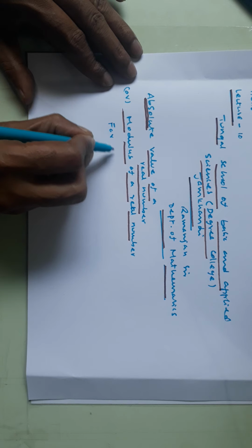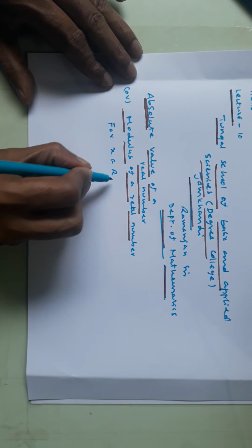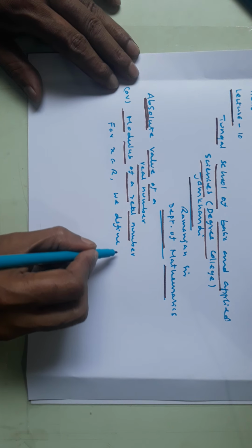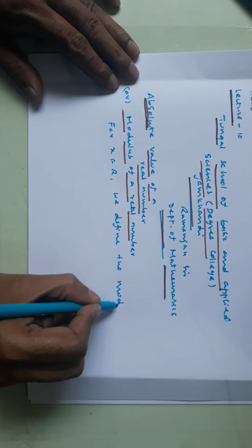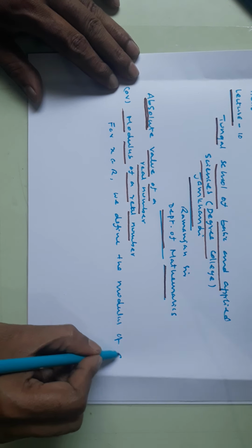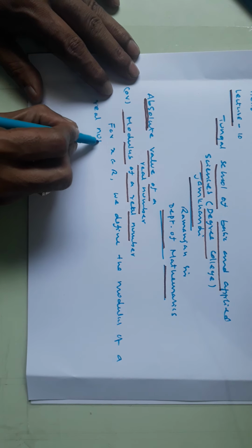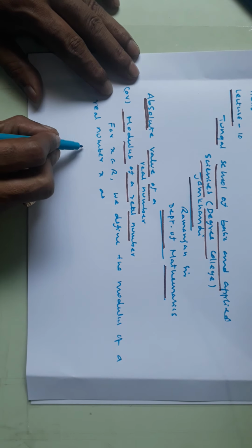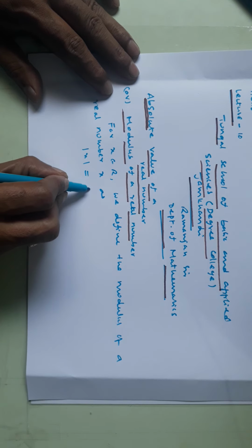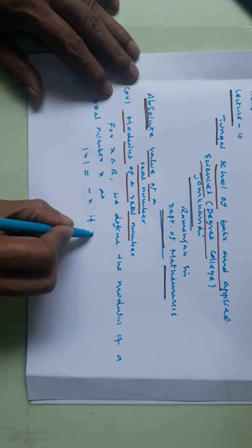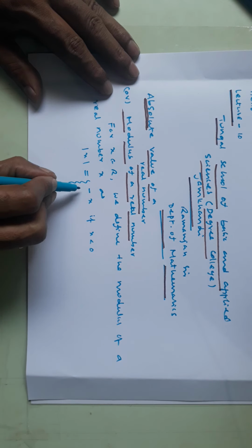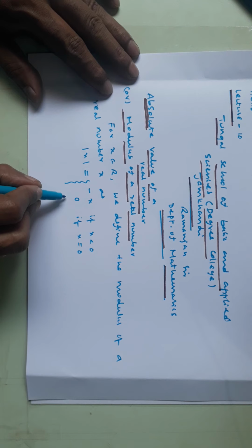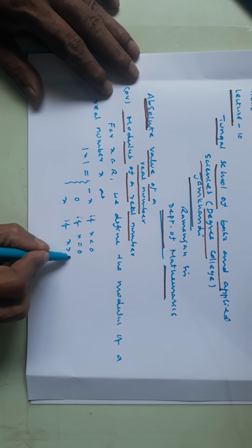For x belongs to R, we define the modulus of a real number x as mod x is equal to minus x if x is less than 0, is equal to 0 if x is equal to 0, is equal to x if x is greater than 0.